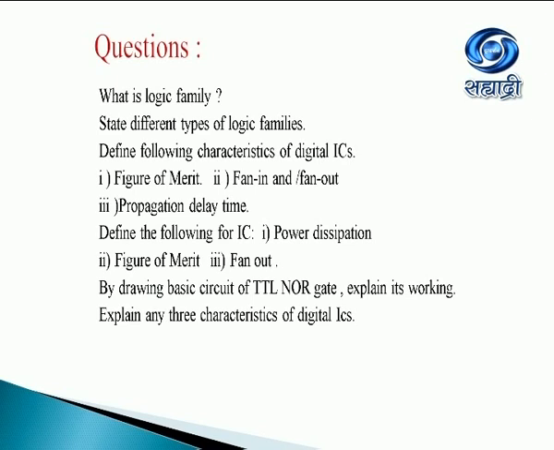In the beginning, you have to write TTL NOR gate construction, and then when A is equal to 0, B is equal to 0, that is 0, 0, 0, 1, 1, 0 and 1, 1. 4 conditions are there. For 4 conditions, how each and every transistor acts, that we have to mention.